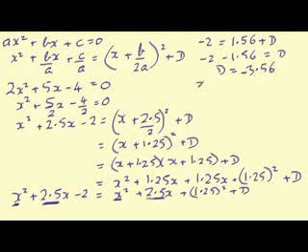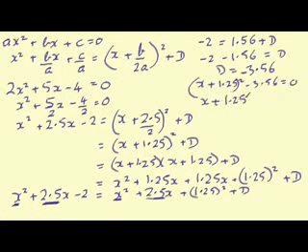Go back to our original equation, x plus 1.25 all in brackets squared plus d. Well, d is minus 3.56. Put that equal to 0. Move the minus 3.56 to the right by adding plus 3.56 to each side.